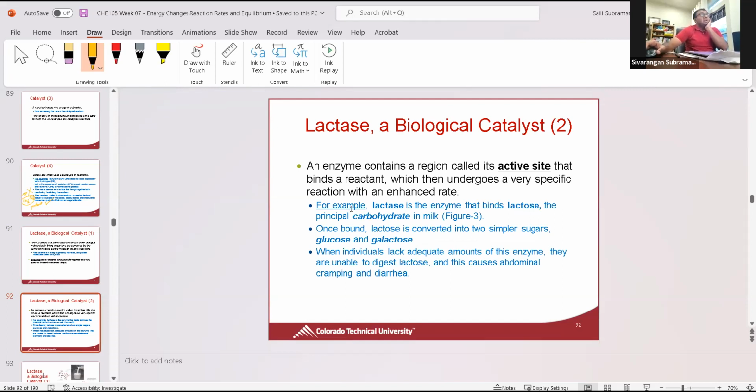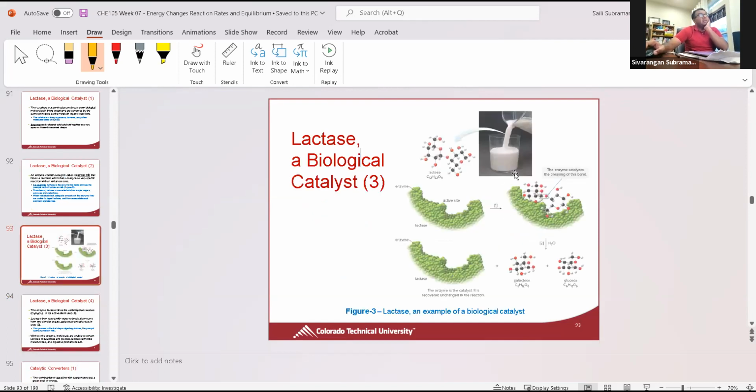Lactase, not lactose, but lactase, is the enzyme that binds the chemical lactose, which is essentially the principal carbohydrate in milk. When you consume milk, the carbohydrate there is in the form of lactose.